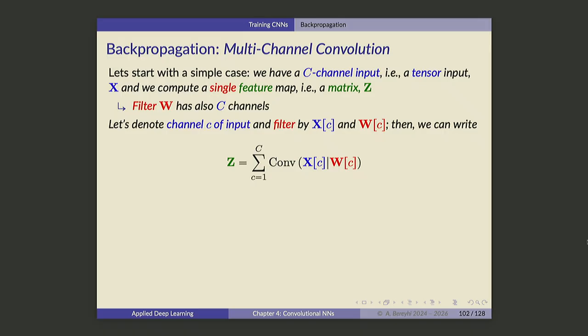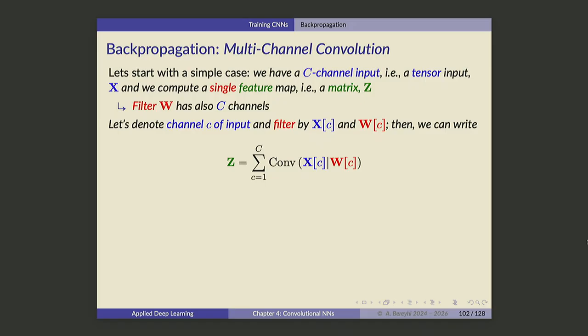Now, let's say that I take this channel of the filter, W1, and I just convolve it on the first map. What's going to happen? I do the multiplication and add up, but I do not add it up across channels. I get one map, which is the convolution of x1 with w1, right?